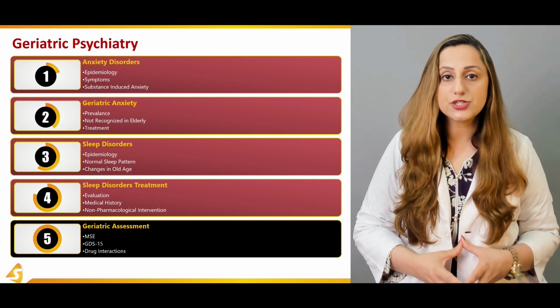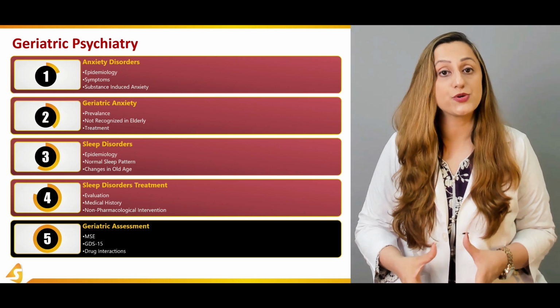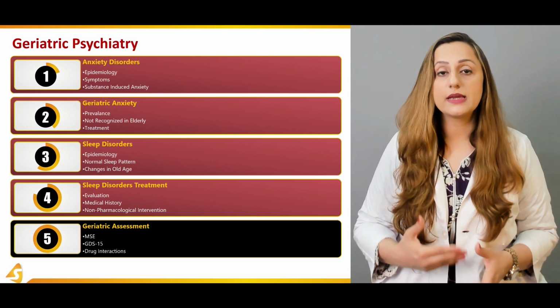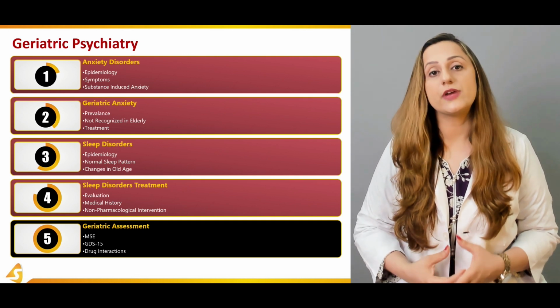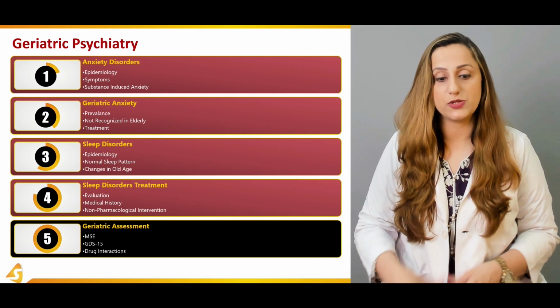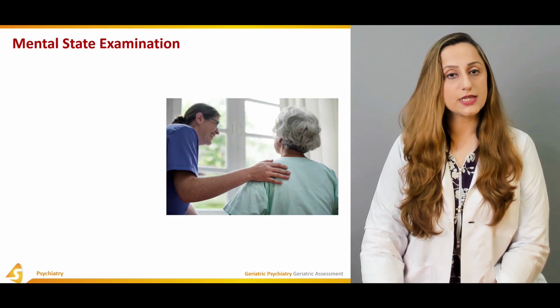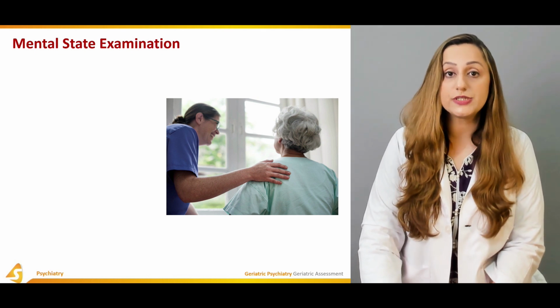Then the drug interactions, because people in this older age group are using multiple prescriptions alongside. So it's again very important to consider these drug interactions and know about them in detail. We'll be discussing all of them here, starting with the mental state examination that we were already focusing on.